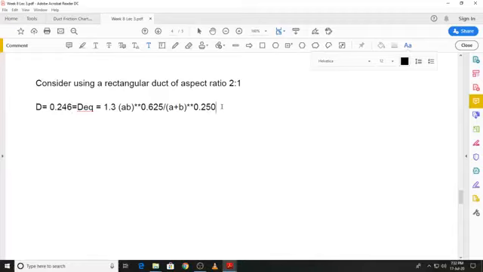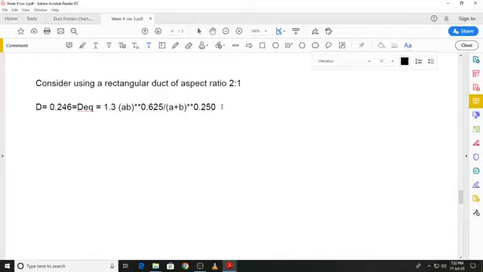So that is the equation that we will start with, and we will say that we want a rectangular duct which will give us the same results. So what should be the size of that rectangular duct, using an aspect ratio of 2:1.